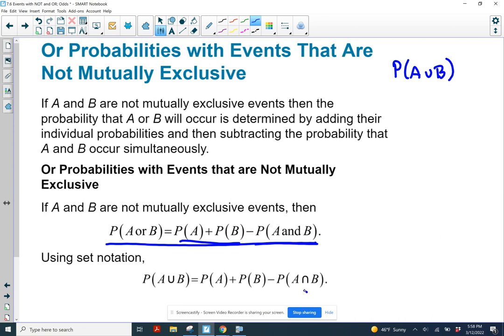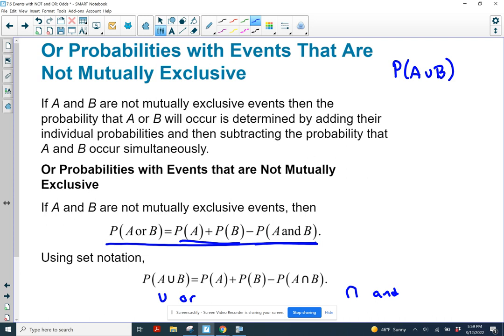Oh, we do have the intersection. That's the intersection symbol right there. So that's the intersection. This one was the union. So the union symbol means or. The intersection symbol means and. Okay, and that's set notation.